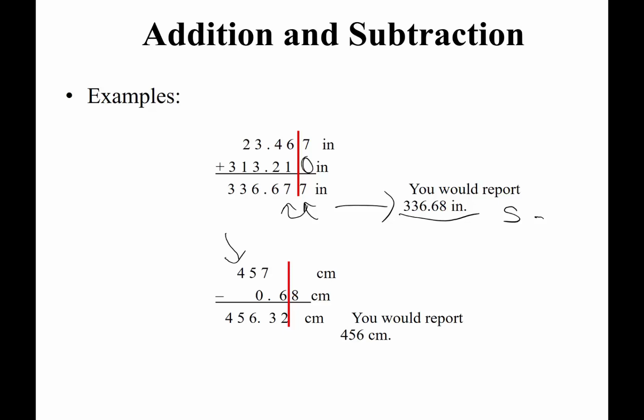Whereas what you're subtracting here is a fraction of a centimeter and measured very accurately. But you have to report that just to the nearest centimeter here, right? So 456.32 gets rounded down to 456 centimeters.